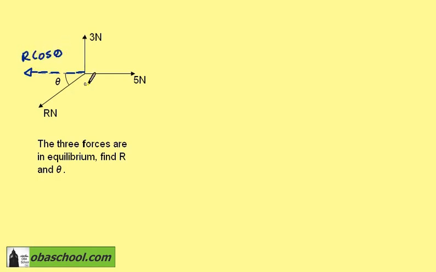The horizontal component will be R cos theta, and the vertical component R sin theta. We can now ignore this force, since its components are on the diagram, and replace it.